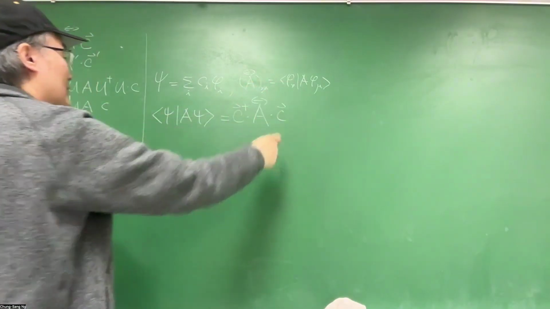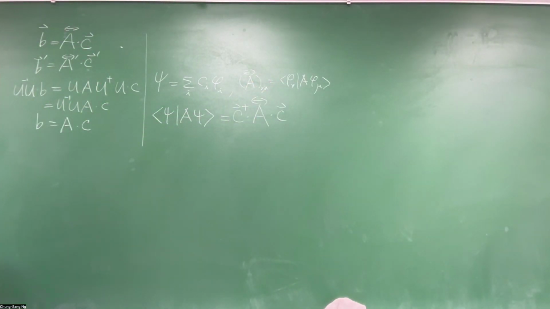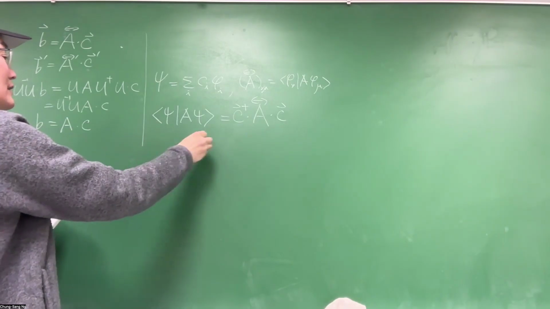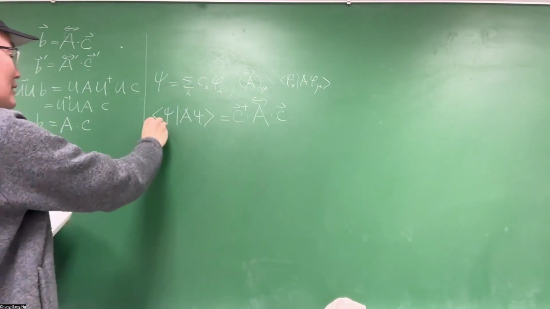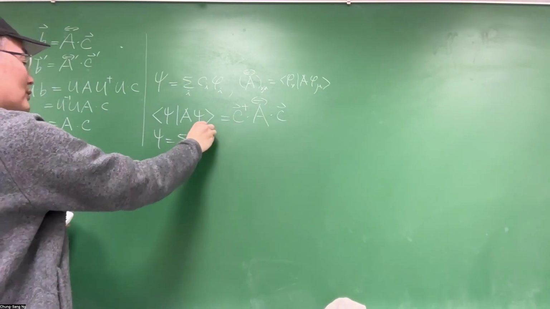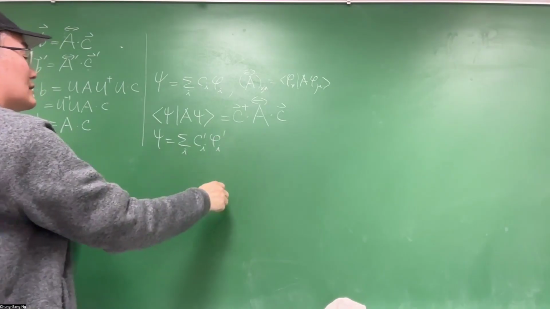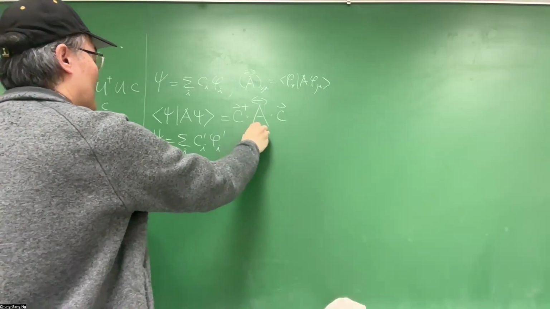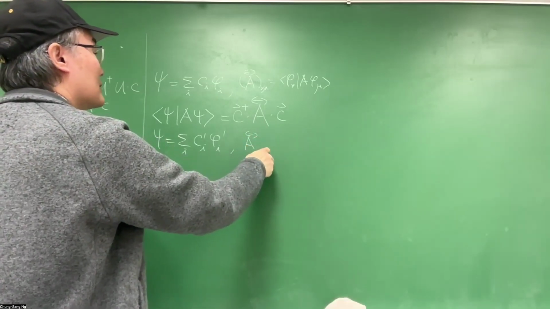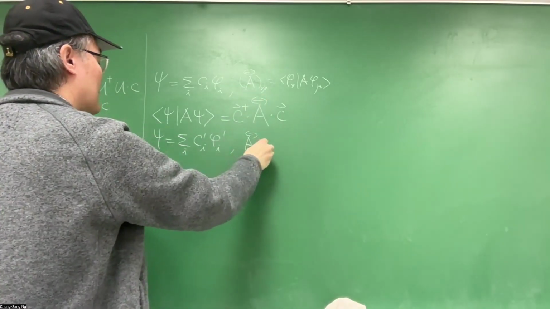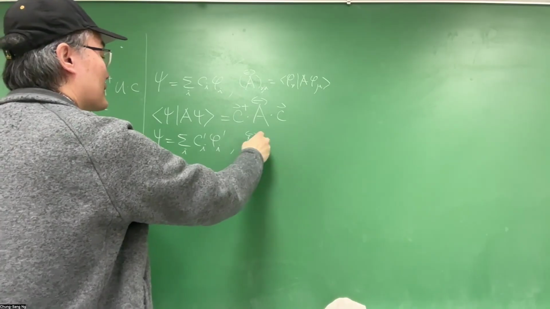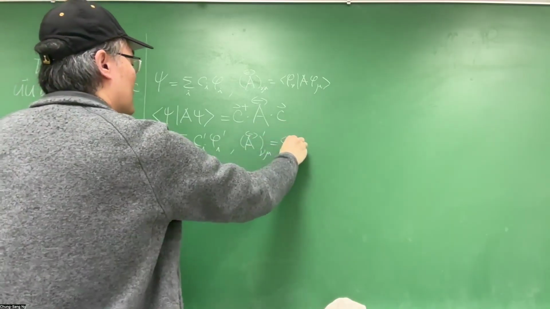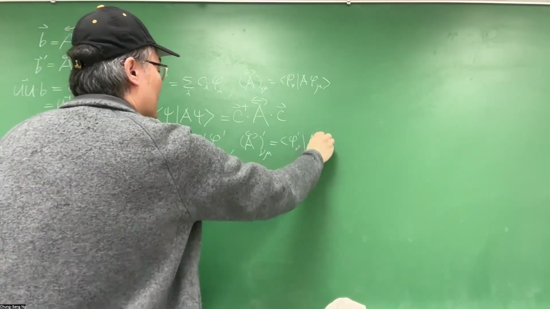Also this matrix element will change, but then the value will not be changed, because if you have a new basis, so that psi is equal to the sum of C prime i phi prime i, and then A in the new basis is given by the matrix element phi prime mu A phi prime nu.